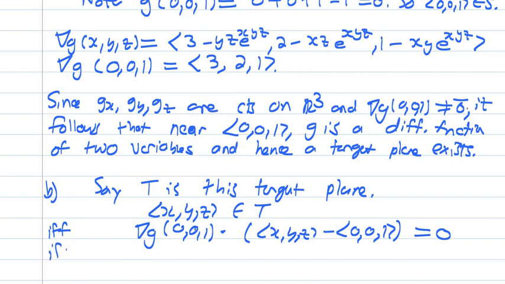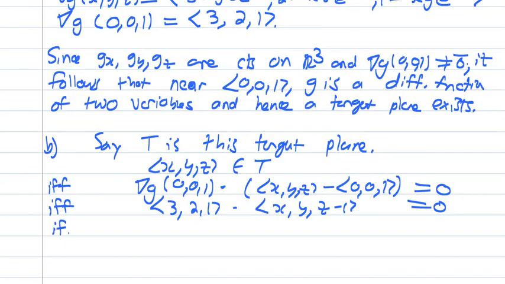And so this happens if and only if grad g is the vector (3, 2, 1), dotted with the vector with components x, y, z minus 1, equals 0. And this happens if and only if 3x plus 2y plus z equals 1.